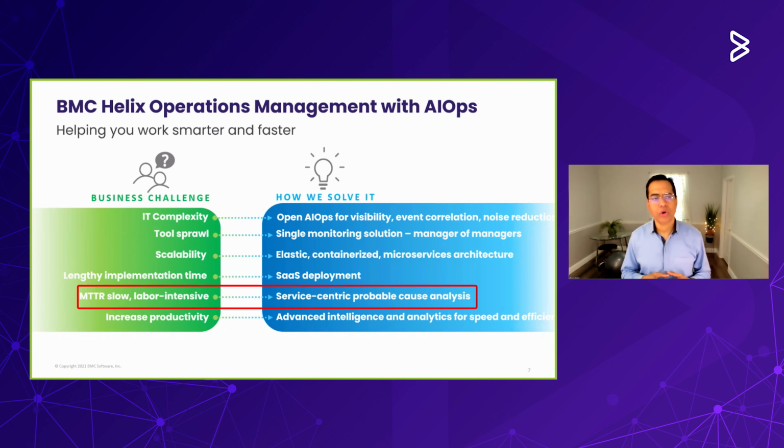So what is the combination of BMC Helix Operations with AIOps? Operations teams face many challenges. They're overwhelmed with increasingly large amounts of complex data from multiple sources and event noise, which additionally hides problems that need to be solved quickly.